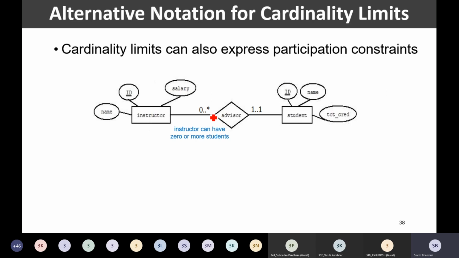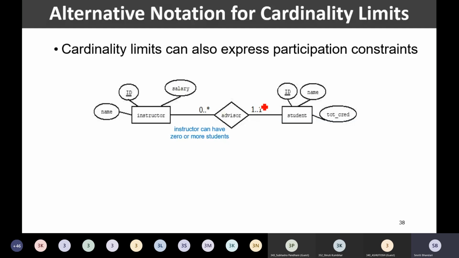There is no limit. So this can be interpreted like instructor can have 0 or more students associated via this advisor relationship. Now, if I want to interpret the one-to-one cardinality limits that are given, minimum cardinality is 1, maximum is also 1.